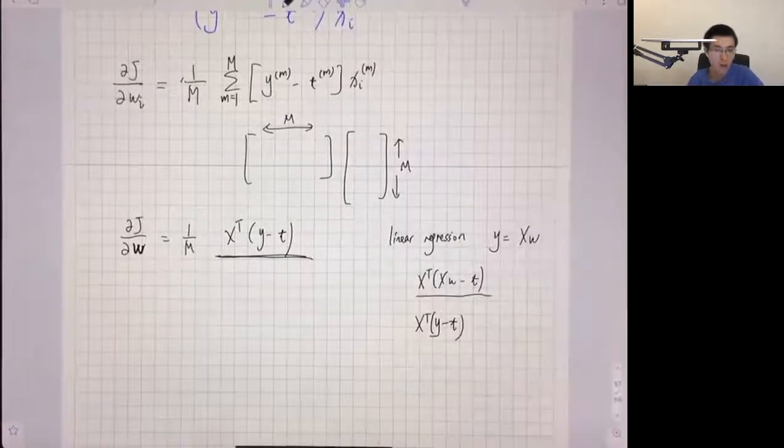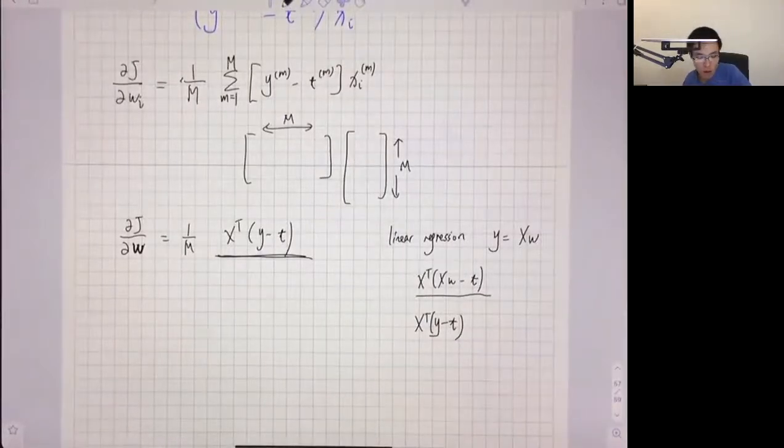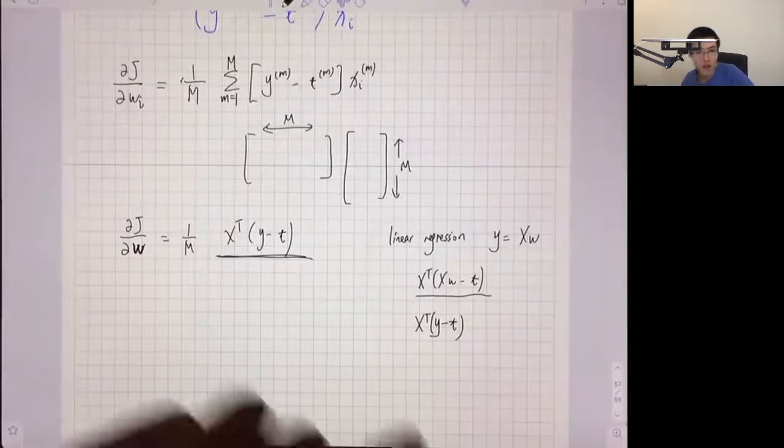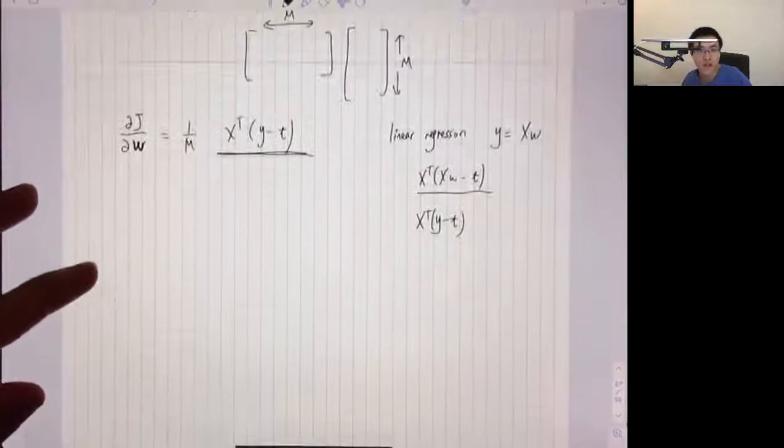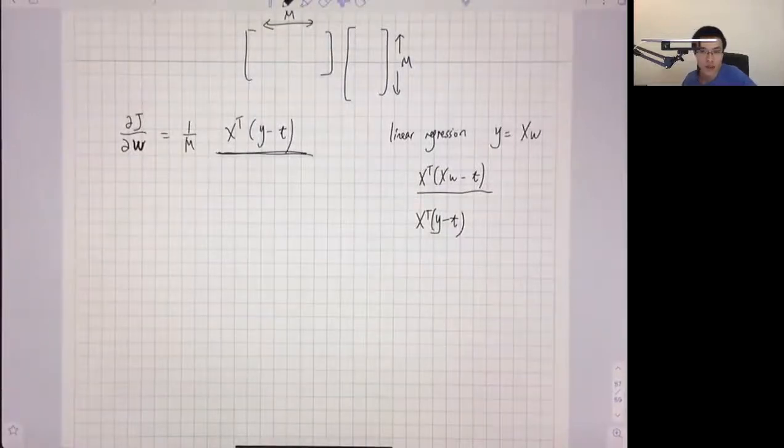I'm not going to prove the convexity. Taking the first order derivative is already very tedious. If I do the second order derivative, okay, it's not very fun. But I'm going to show the convexity for the generalized linear model, which is a more general class, and in particular, logistic regression is a generalized linear model, so it's convex.